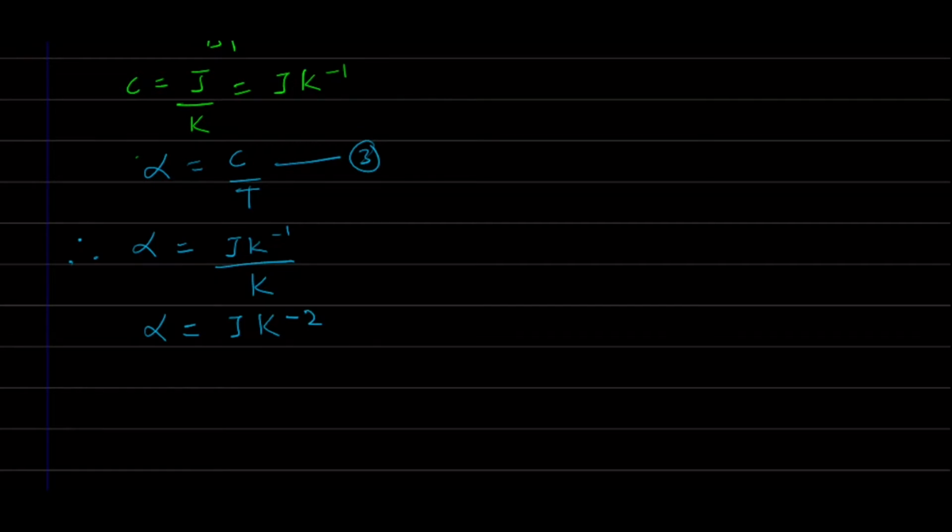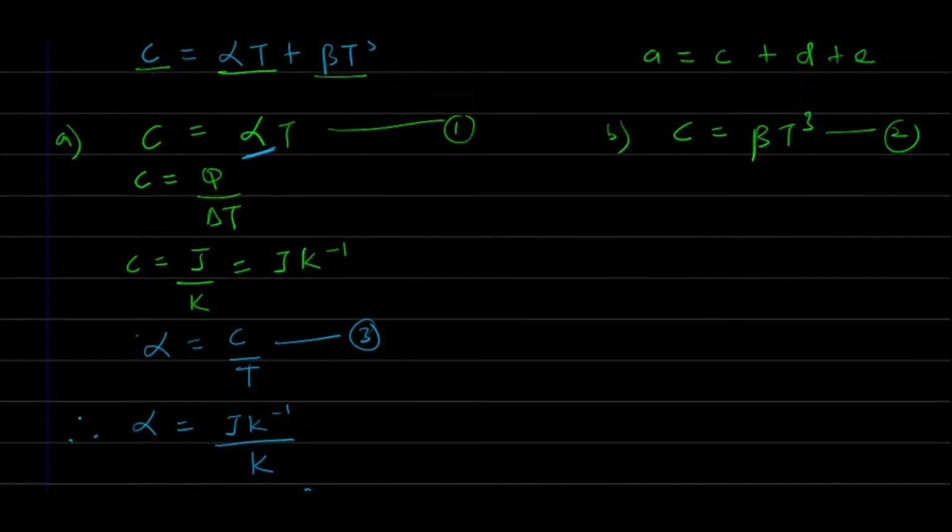Now let's look at the unit of beta. In this case, we also need to make beta the subject of the formula by dividing both sides by T raised to power 3, which means beta is equal to C over T raised to power 3. That makes it equation 4.